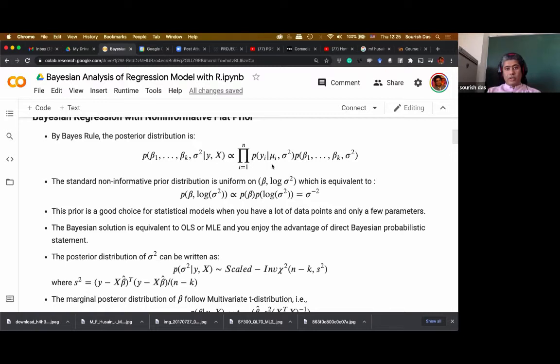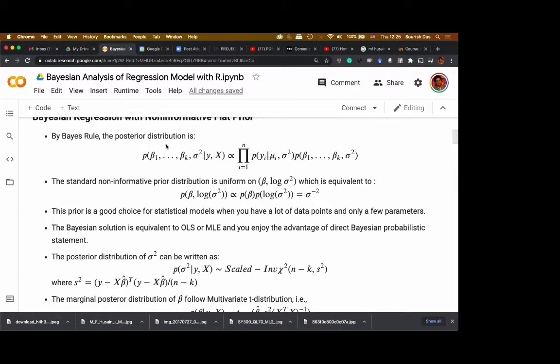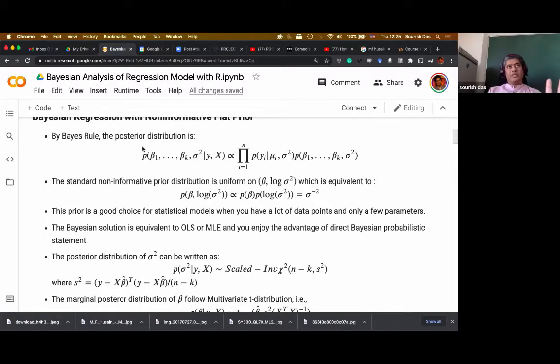You write down the likelihood, you write p of beta 1 to beta k, sigma square, you just write 1 over sigma square, then you get this joint posterior distribution. Then from this you integrate out the sigma square, which is a very cumbersome integration, but you can do it. People have done that.